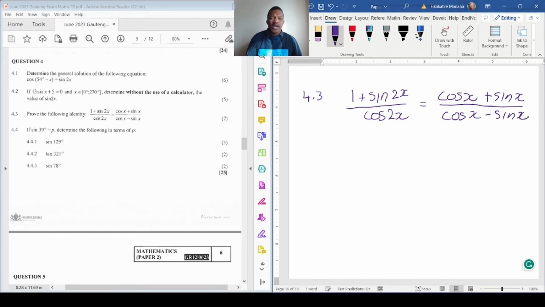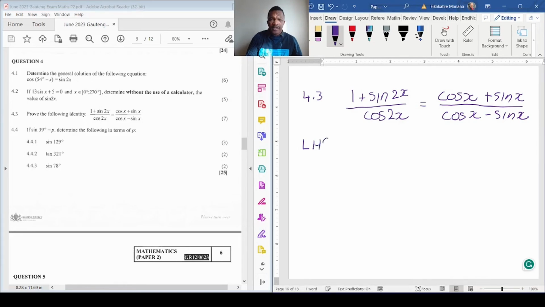Now, if both sides are not simplified, like in this question, it means you can take either of them to prove the other. Either you take the left-hand side or the right-hand side. Both of them can work. So let's take the normal one, the left-hand side.